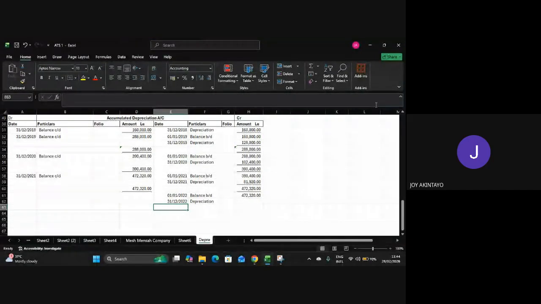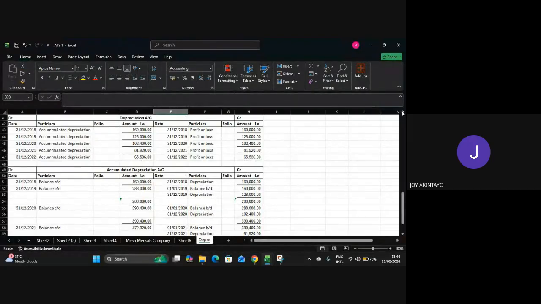So what's our depreciation value for 2022? Depreciation value for 2022 is 65,500.